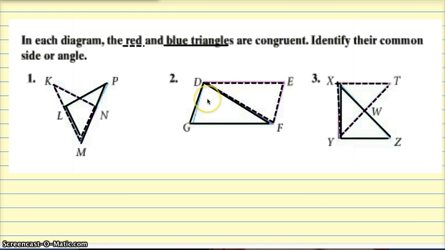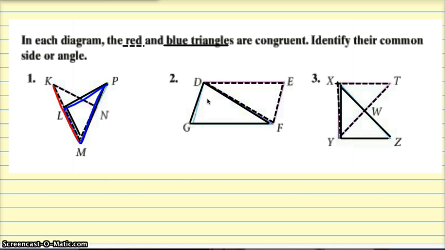One last comment that I want to make. It says in each diagram, the red, which I have in a box, like a dotted, and the blue, which I have as a solid, are congruent. Identify their common side or angle. Looking at these pieces, basically I want to see where do things overlap. So in triangle 1, we have the blue, which is here, and we have the red.